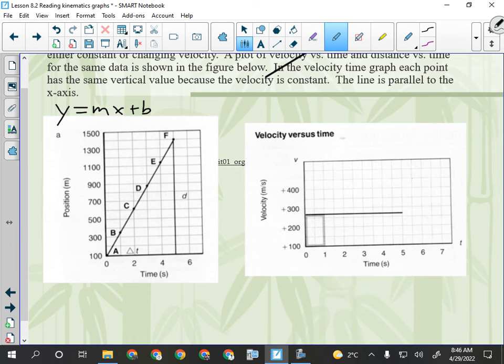Okay, this is something we need to know by now. Right? If I solve for slope, y minus b over x, what's on the y-axis? Position. What's on the x-axis? Time. So when I do this, that's final position minus initial position over, what does that calculate?